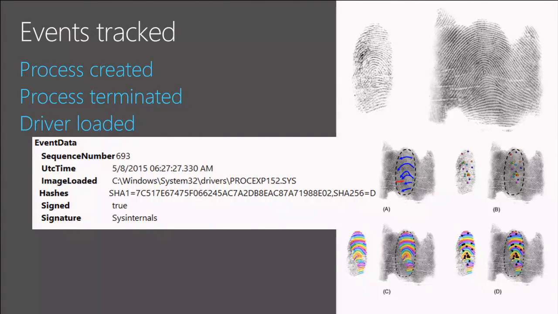The service is what figures out what the hashes are and does the signature verification. If the driver file disappears after the load and before the service can get to it, the hashes and the signature information will not be there because it happened that quickly. And so it'll say signed false, which is not actually possible on 64-bit Windows, but that's the reason you might see that.